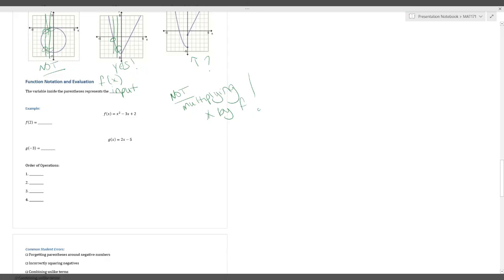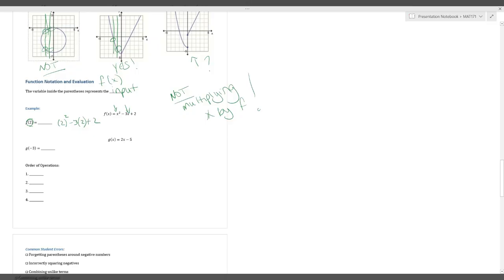It is the input. So our example is, if we have f of 2, what we are going to do is take this 2 and input it everywhere we see an x. So this is going to become 2 squared minus 3 times 2 plus 2.